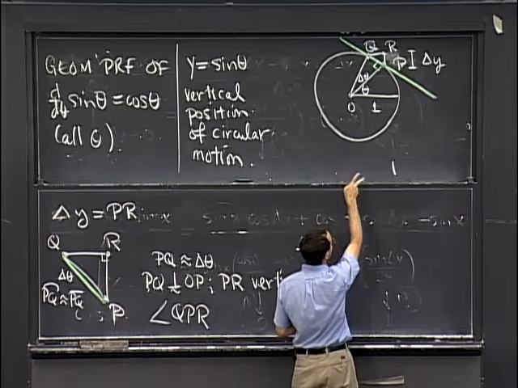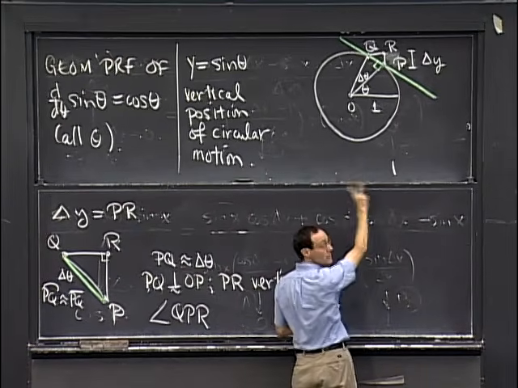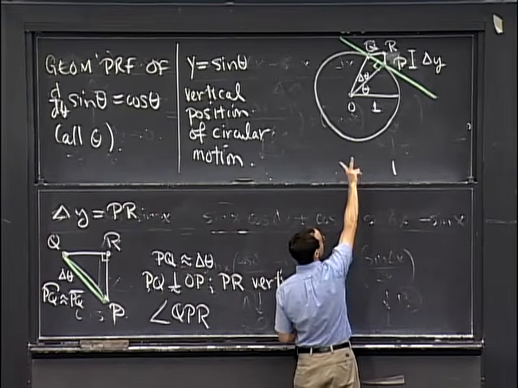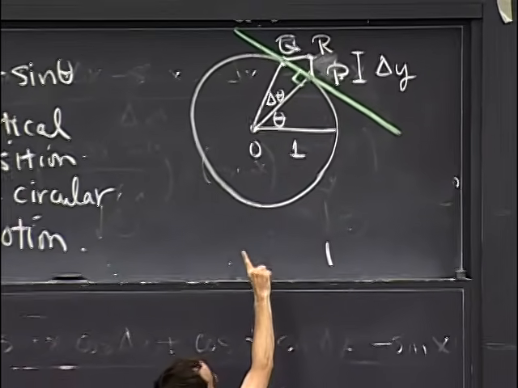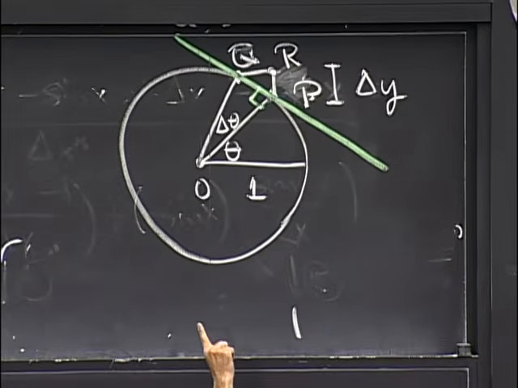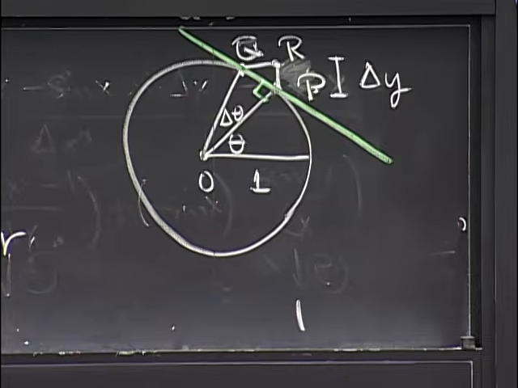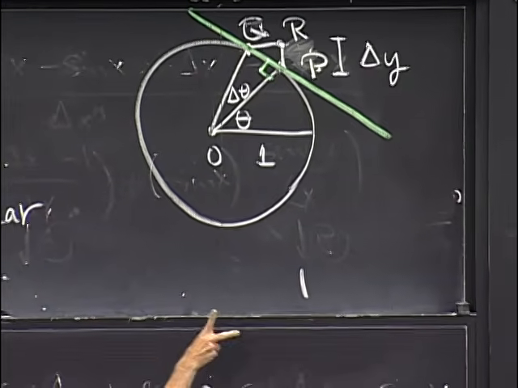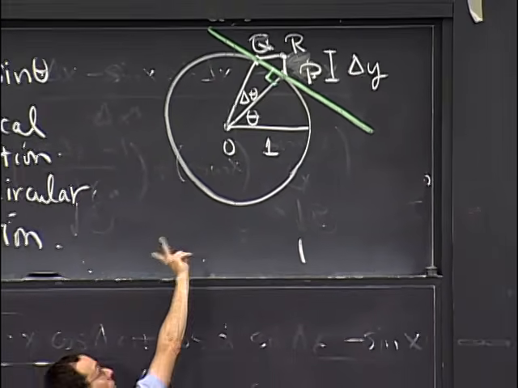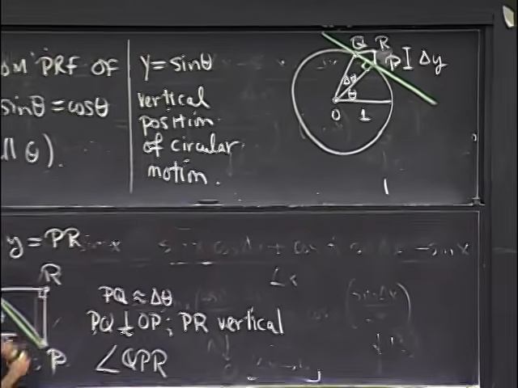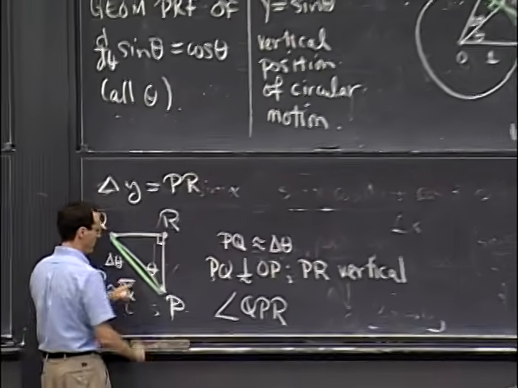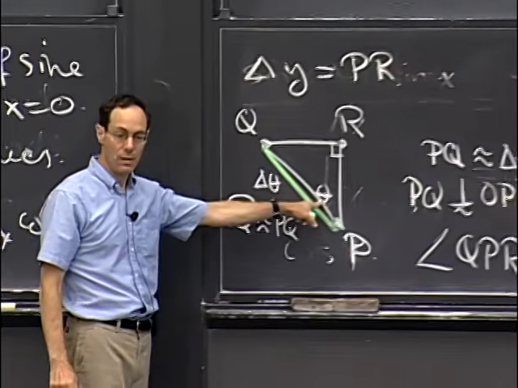If I rotate it by 90 degrees, the horizontal becomes vertical, it becomes PR, and the other thing rotated by 90 degrees becomes the green line. So the angle that I'm talking about, I get by taking this and rotating it by 90 degrees. It's the same angle. So that means that this angle here is essentially theta.